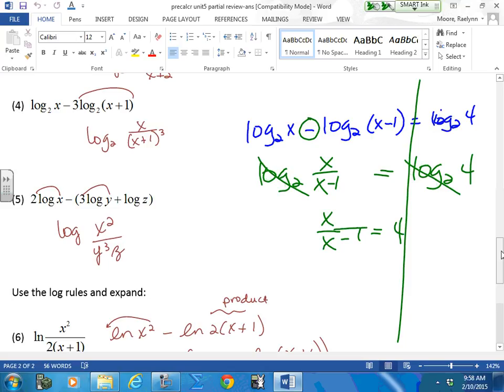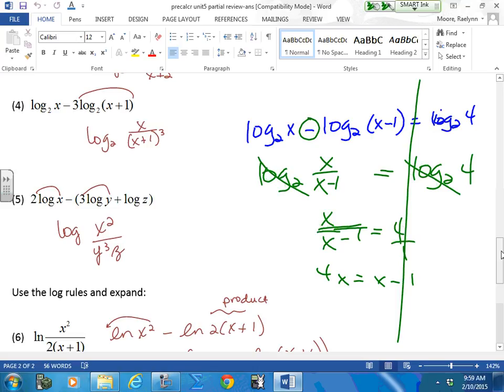So can you solve this? We would cross multiply, and you would solve. And then, what would you do? You would go back and check to make sure that you didn't take a log of a negative or a 0. I have no idea if this is going to work out. I just made this up.